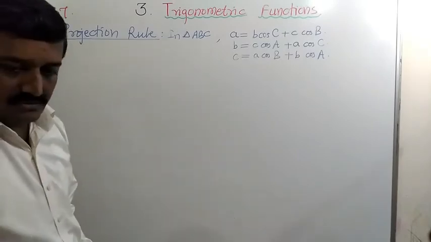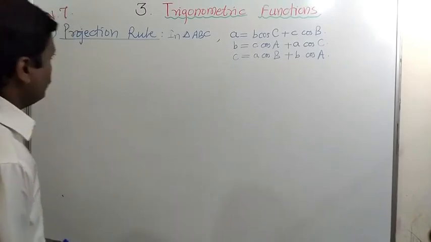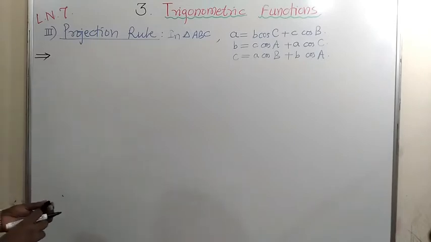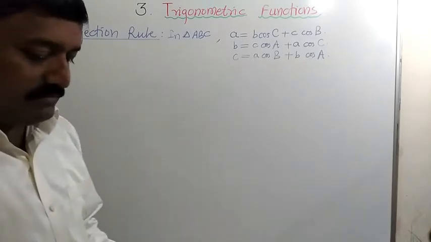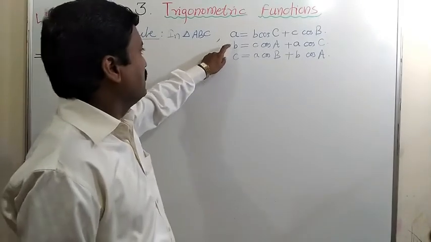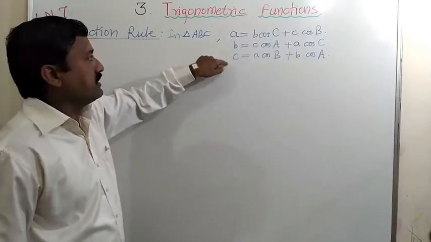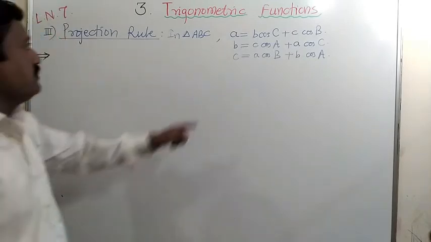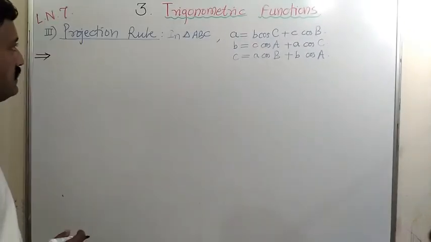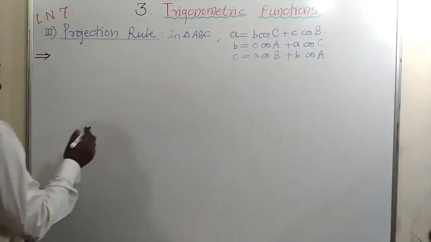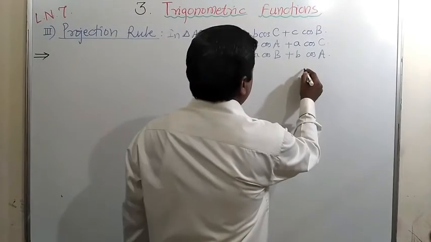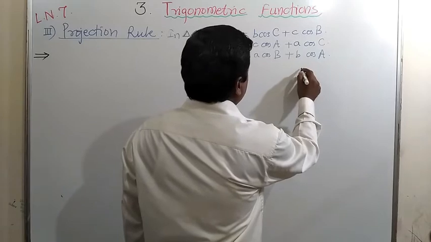Okay, let us try to prove this result. For this, consider triangle ABC. Initially we will prove this first result, and similarly we can prove the remaining two. To prove this first result a, let us consider that A is the vertex at this position.